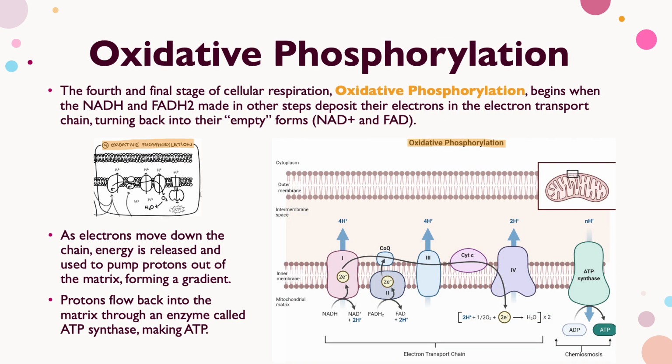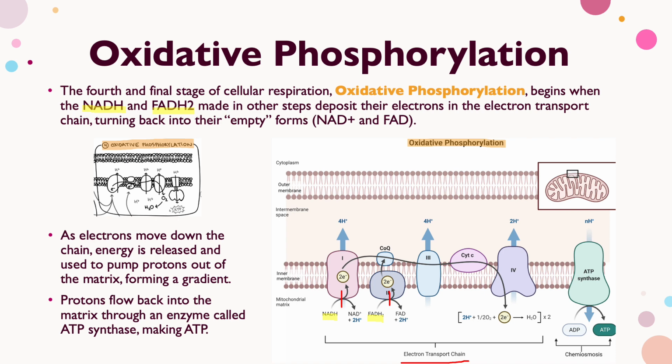The fourth and final stage of cellular respiration, oxidative phosphorylation, begins when the NADH and FADH2 made in the previous step, so here we have NADH and FADH2, deposit their electrons. Here we can see their electrons being deposited into the electron transport chain, and they turn these back into their empty forms.